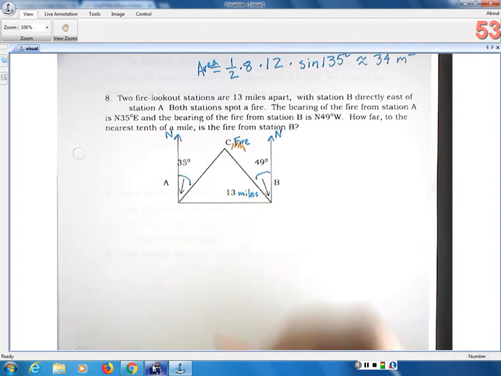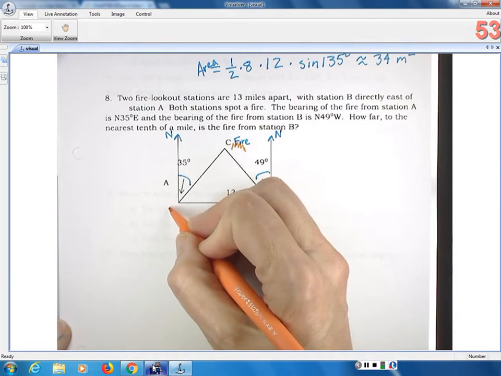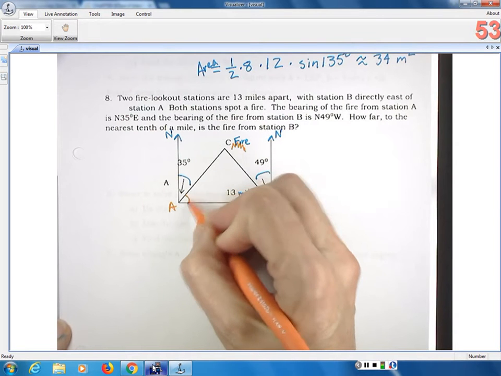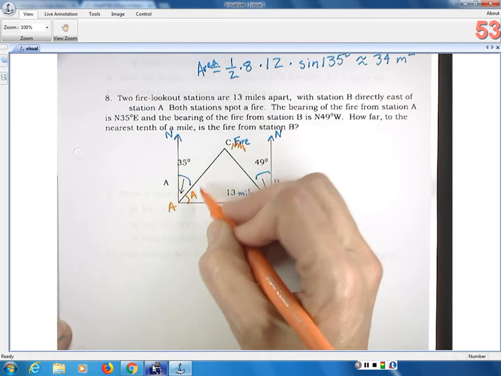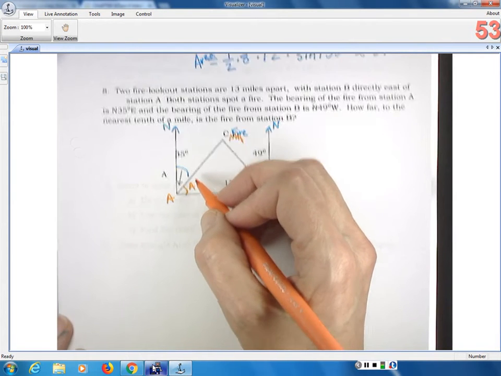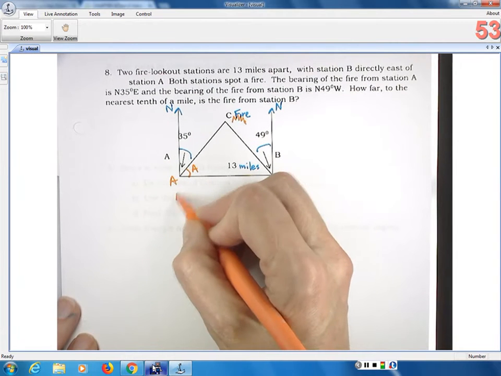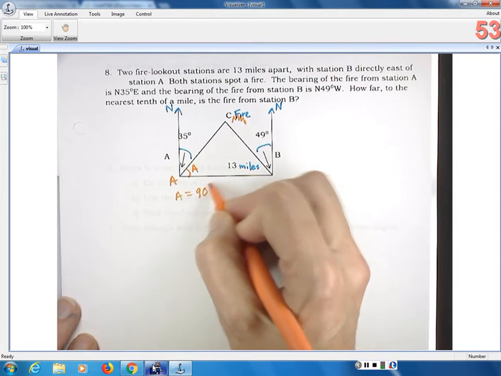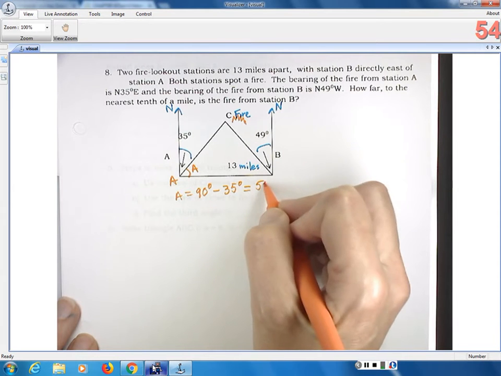We're going to call this angle A. That's going to be 90 minus 35, which is 55.